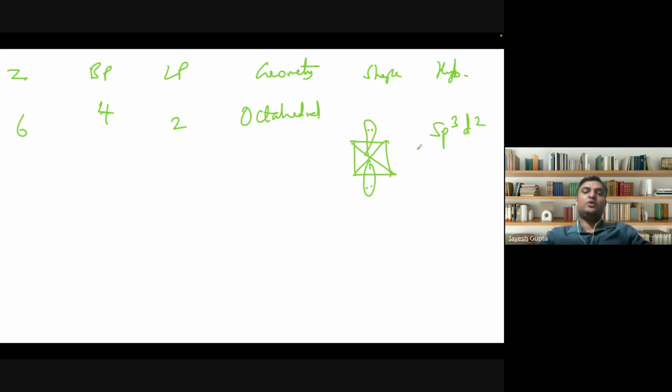See, the lone pairs are above and below, and lone pair is not counted in shape. So the entire 4 valencies are present in only one plane. That's why the shape will become square planar. You can see it is a square and it is present in one plane only.